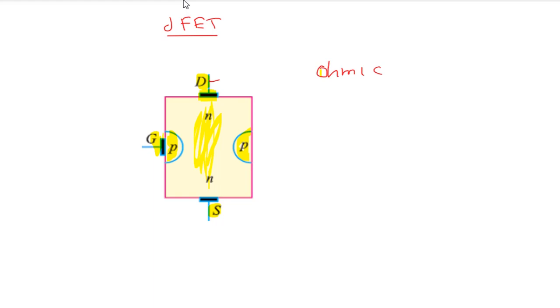The two PN junctions, that means this portion and here you have another PN junction. The two PN junctions at the sides form depletion layers. Here you will have a depletion layer, and here also you will have a depletion layer.